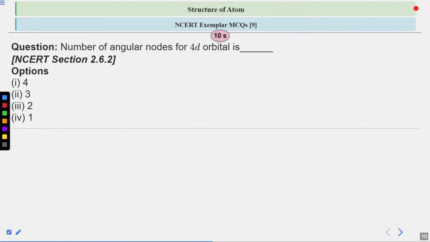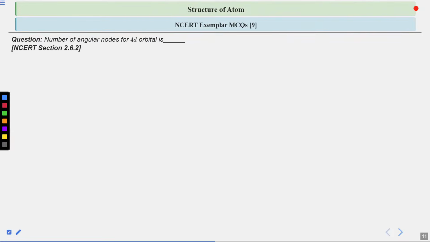Your time starts now. Okay, so 3 seconds more. What will be the correct answer? I guess it's an easy one to solve. The correct answer will be 2. So there will be 2 angular nodes.